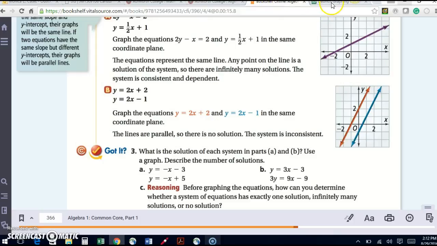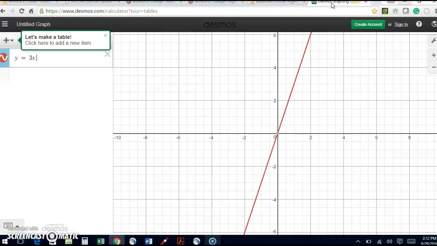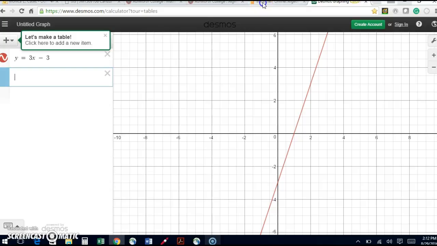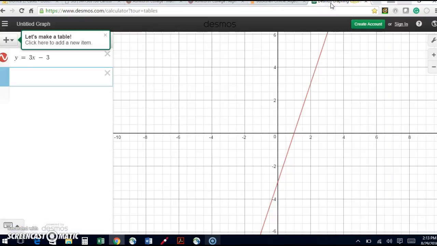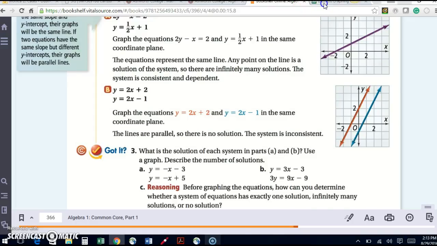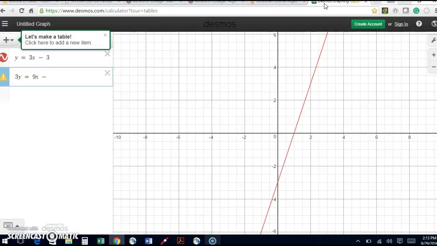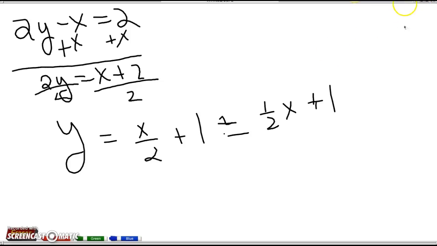So I have 3x minus 3, and I have 3y equals 9x minus 9. And I know I should solve it, we'll go back and solve it. But since I have this, oh look, it's the exact same line. I'm sure you probably felt the same way, that it was going to be the same line.